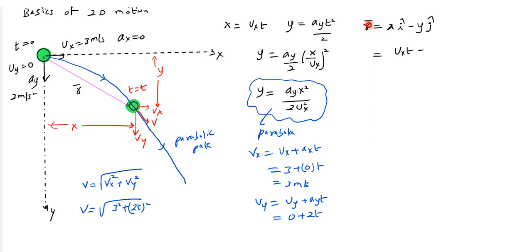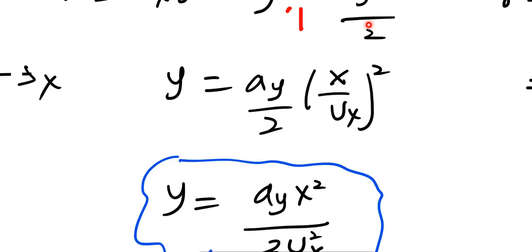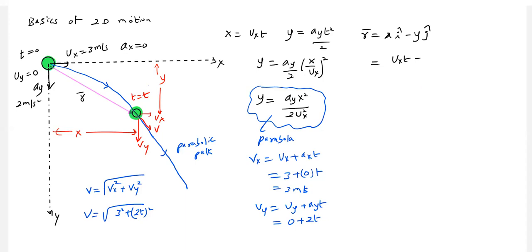What is y? y will be ay t square by 2. Now substitute this value. This should be equal to ux, which we assumed to be 3, so 3t. ay is 2, so 2t square by 2. So 3t and t square.